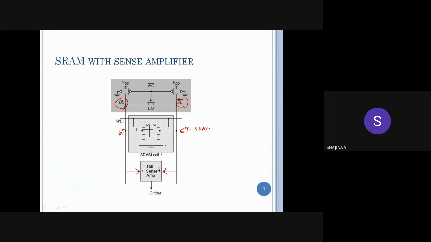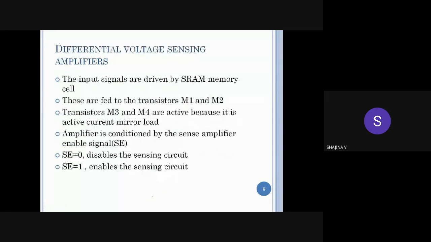So this is how an SRAM cell actually looks, and associated with it you will be having a differential voltage sensing amplifier. So the bit line and bit bar line are fed to this differential voltage sensing amplifier, and with its output data we are reading the data stored in the memory cell. So the input signals are driven by the SRAM memory cell. These are fed to the transistors M1 and M2, and transistors M3 and M4 are active because it is an active current mirror load.